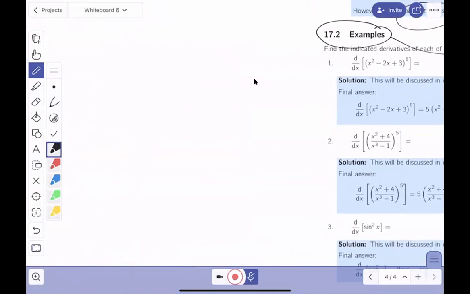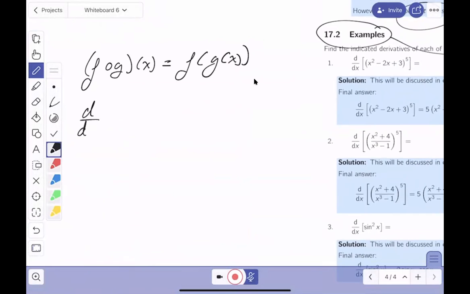What I'm saying is I have a composition f of g of x. What does this mean? f of g of x. I'm going to say the derivative of this composition, f of g of x, is easy to write down.